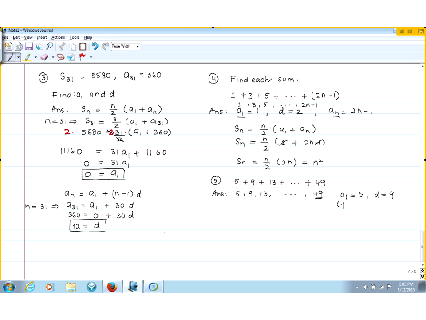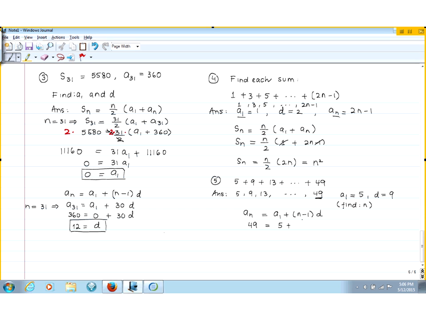We need to find n first. So to find n, we will do this. an is equal to A1 plus (n minus 1) times d.